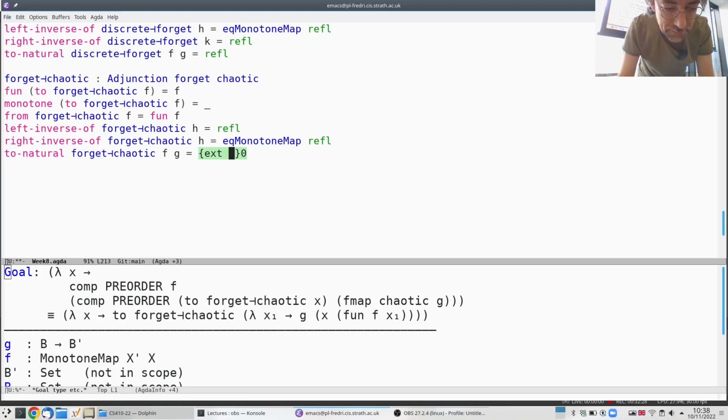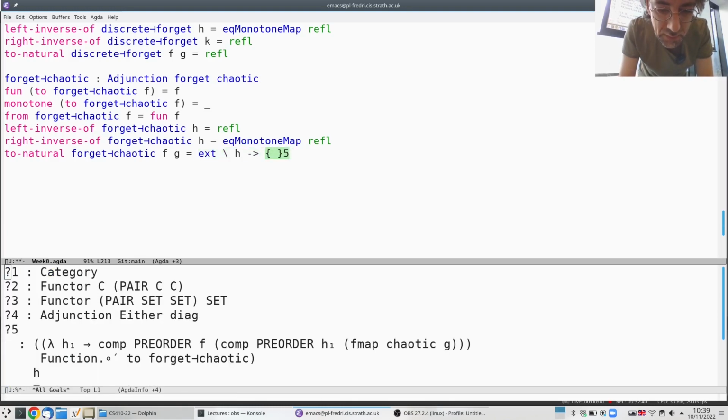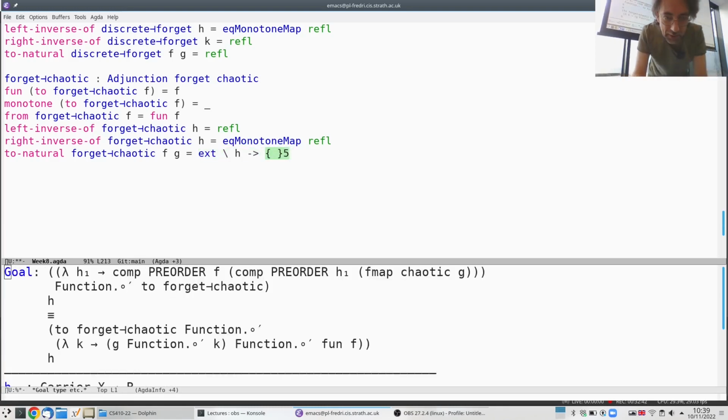So yeah, because we are comparing the function that takes an h up here and sends it this way down here or on that way down there, right? But it's for every h, which was called. Right, now I'm comparing monotone maps.